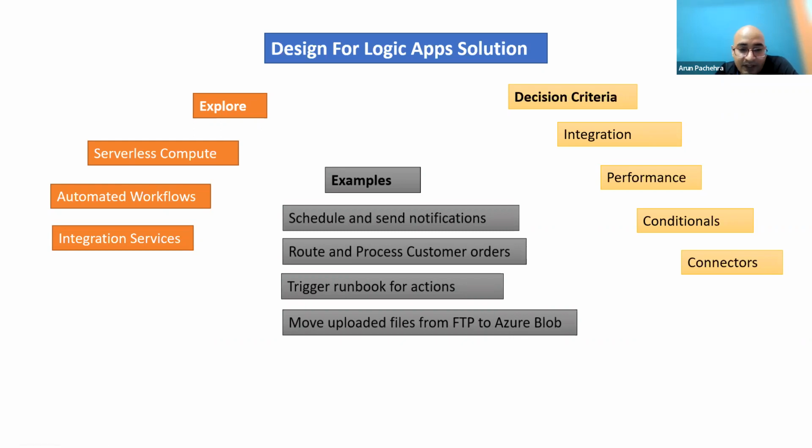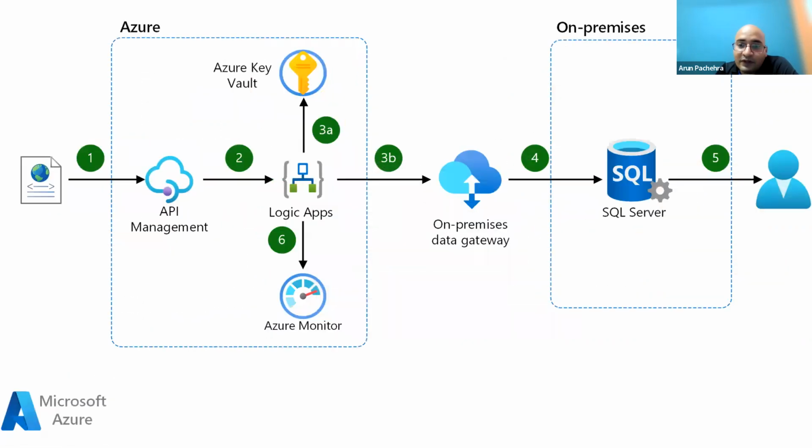Now, let's check the reference architecture with Logic Apps. Yes, this is the reference architecture that I've borrowed from the Microsoft Architecture Center. And here you can see API Management accepts API calls in the form of HTTP requests. You see that? API Management securely routes the HTTP request to the Logic App. So right here.